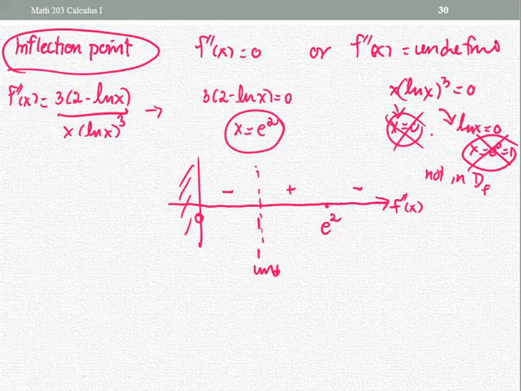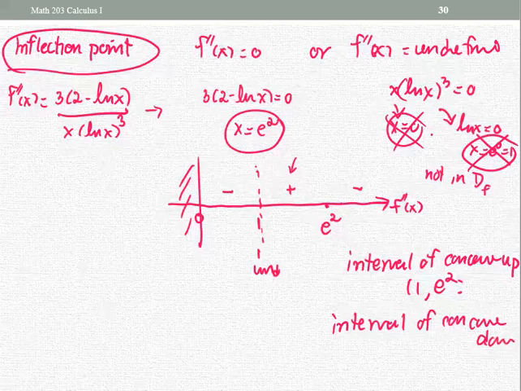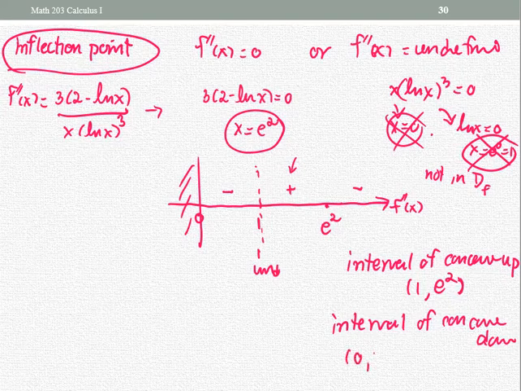With the sign of f double prime, we can say that the interval of concave up, where the sign is positive, is 1 comma e to the second. And then the interval of concave down, where the sign of the second derivative is negative, is 0 to 1 and e to the second to infinity.